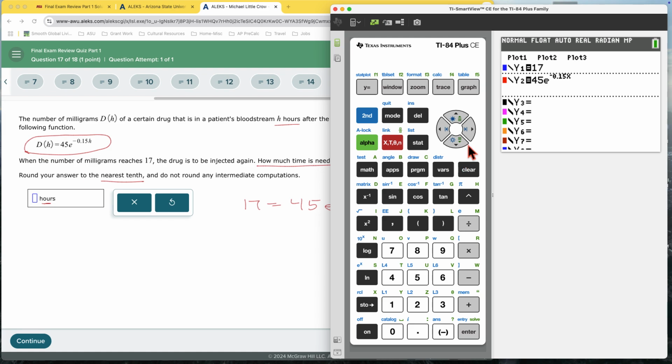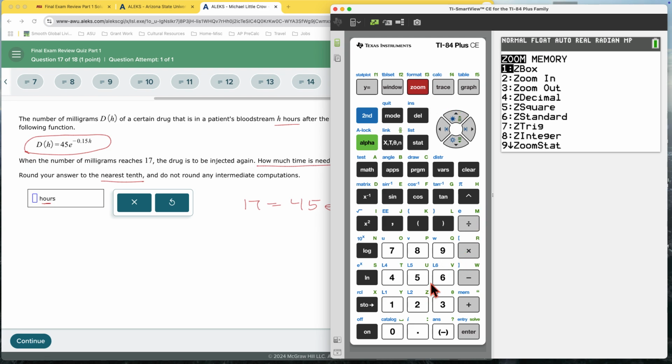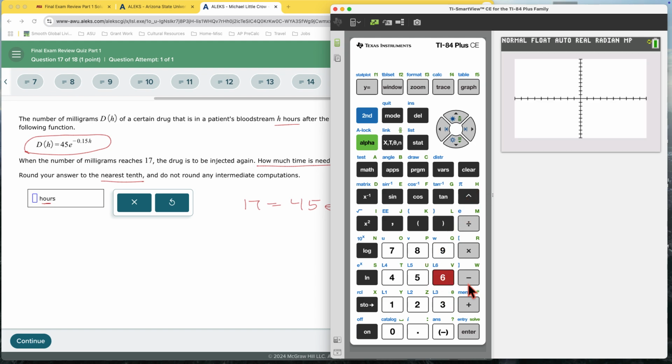We're going to graph this. We'll do a standard view, going from -10 to +10. As long as the solution is within 10 hours, it's all going to work. If not, we'll have to change our window a little bit.